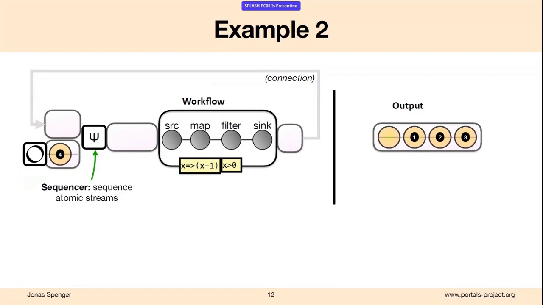In the workflow, we take this event and decrement it by 1. If the event is larger than 0, then it's allowed; otherwise, it's filtered out. So what will the output be? Well, we'll repeat this 4 times. The first time we have a single event output, 3. Second time 2, then 1, and then it terminates.